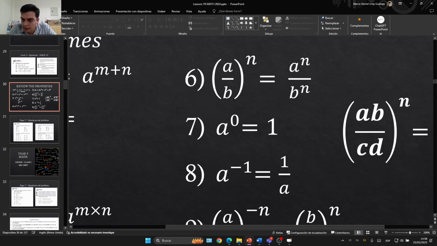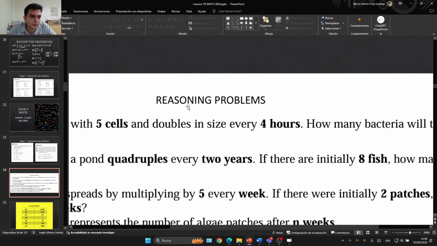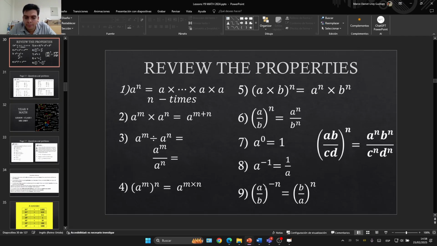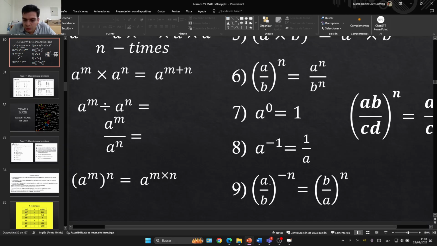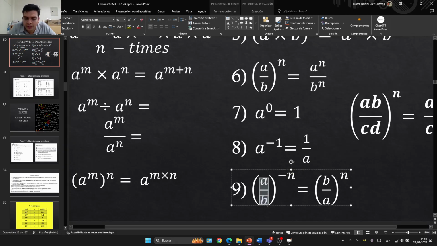to switch the places of a and b. A and b switch places, so we just move it.